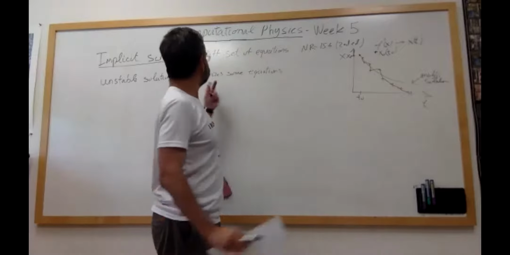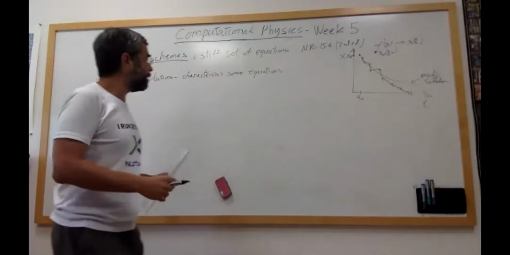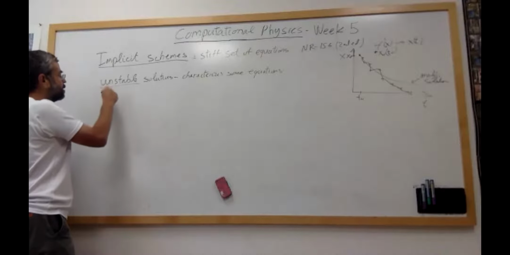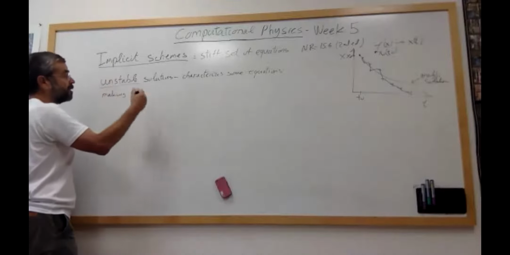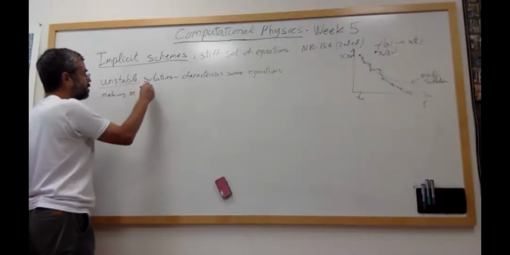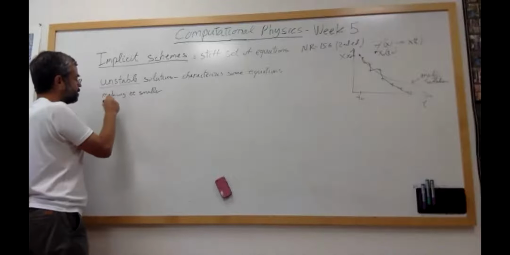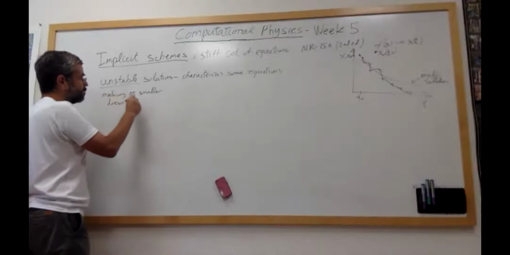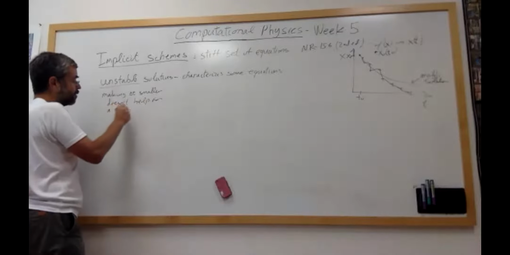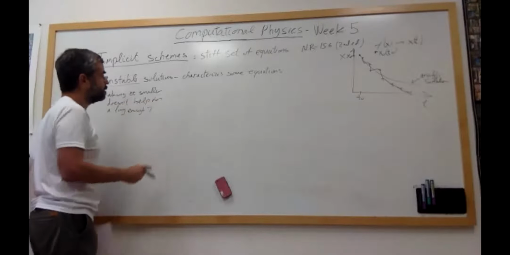When it's an unstable solution, it means that making the time step delta t smaller doesn't help for long enough total time t.